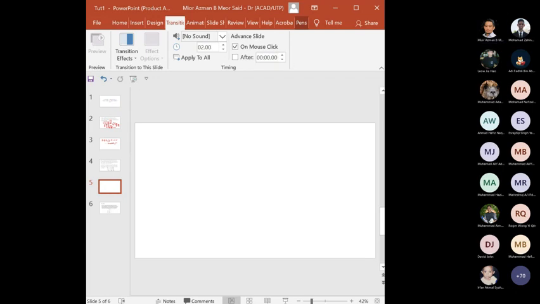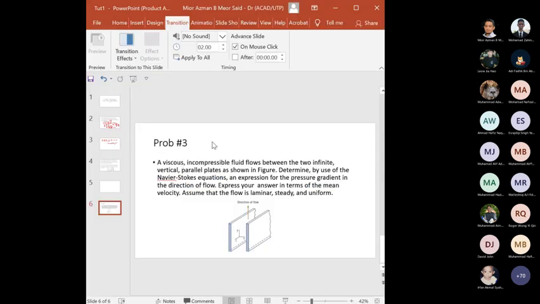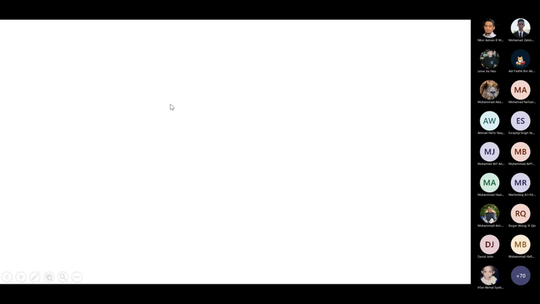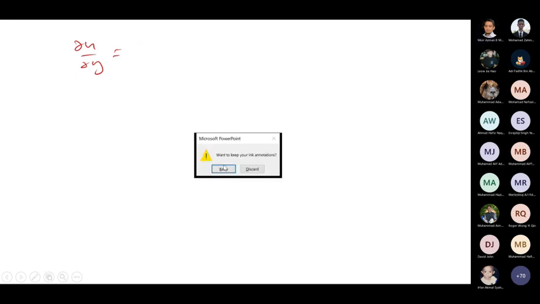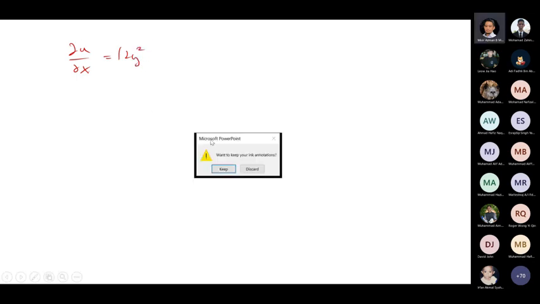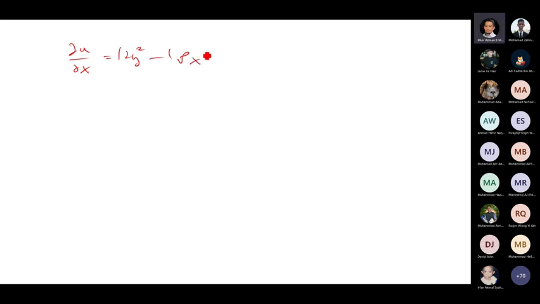So we want partial u over partial x, which equals 12y squared minus 18x squared.